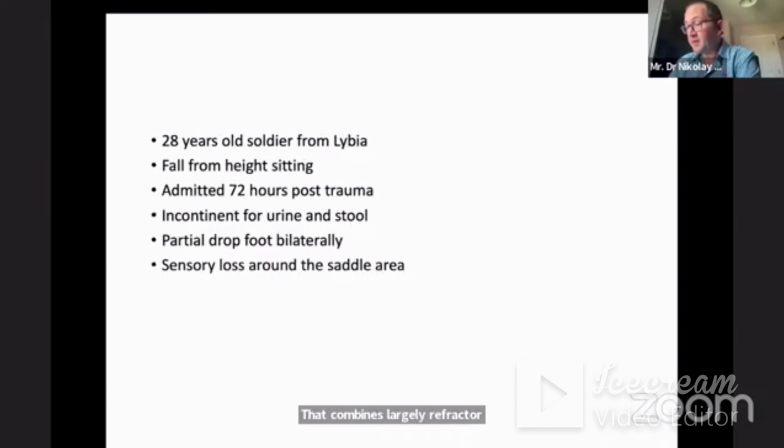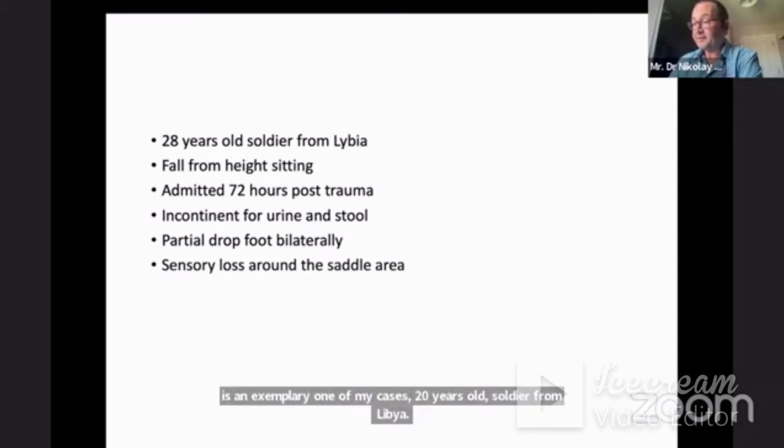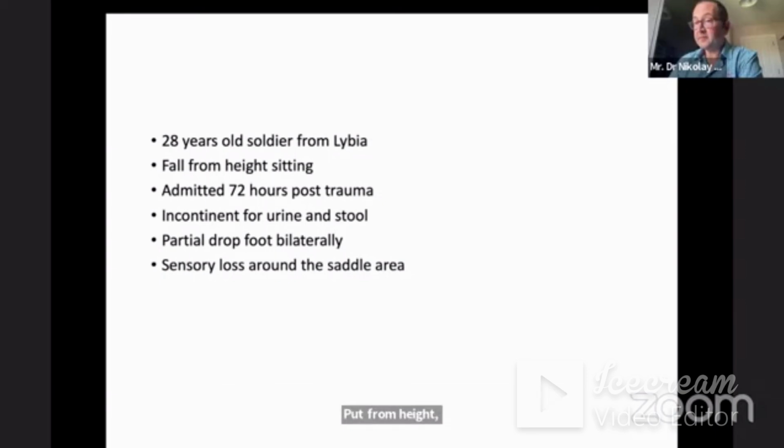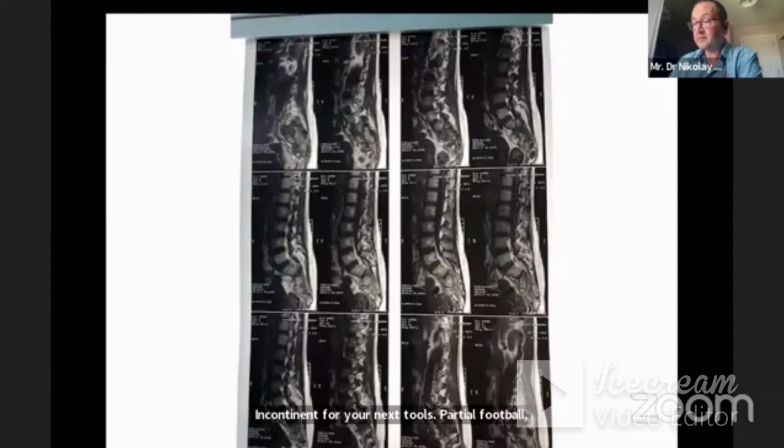This is an example, one of my cases, a 20 year old soldier from Libya, fell from height sitting, admitted 72 hours post-trauma, incontinent for urine and stools, partial foot drop bilaterally, sensory loss around the saddle area. And this is how the fracture looks, with a lot of displacement of the sacral fracture with the neurological affection that I talked about.